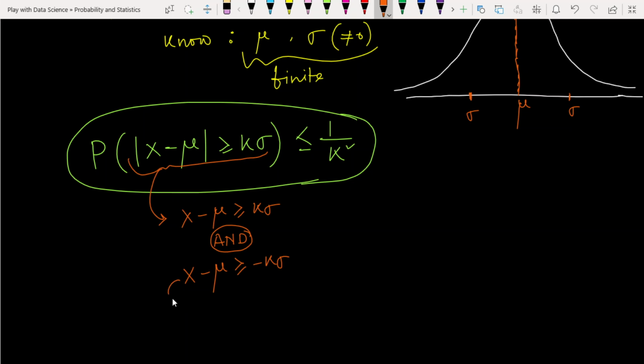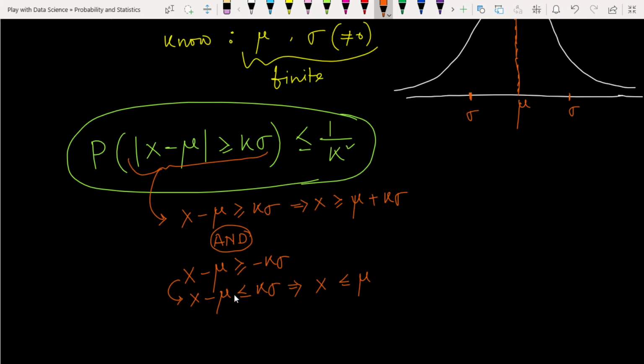That implies x is greater than or equal to mu plus k sigma, and x is less than or equal to mu minus k sigma.